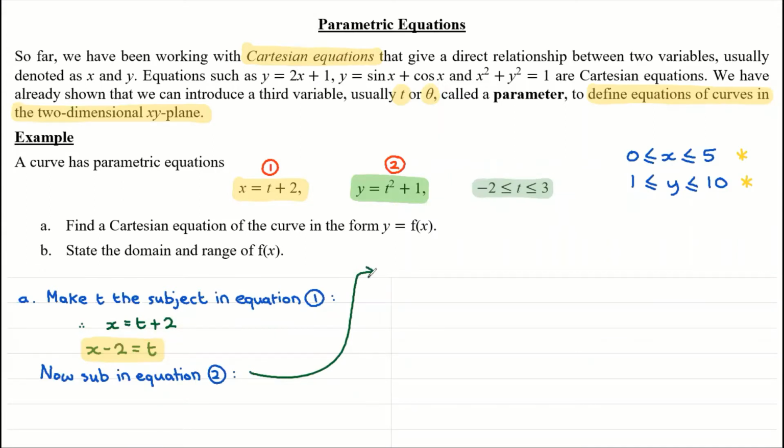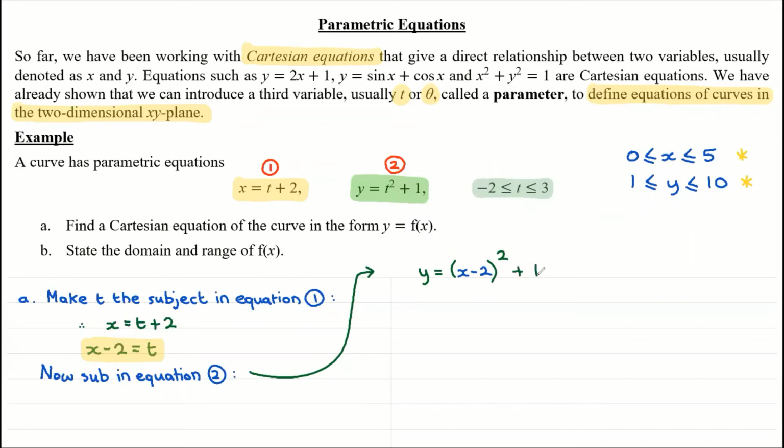So subbing that into equation 2, well, equation 2 is y is equal to t squared plus 1. So I need to replace my t squared with x subtract 2 all squared. And then I've got to add the 1 on the end.